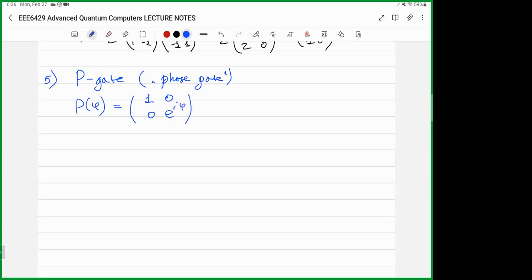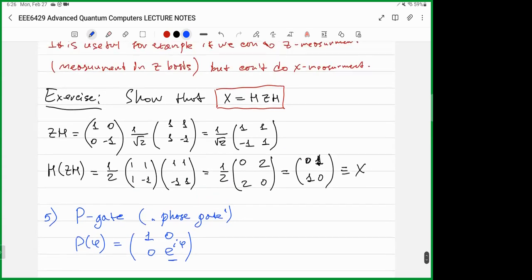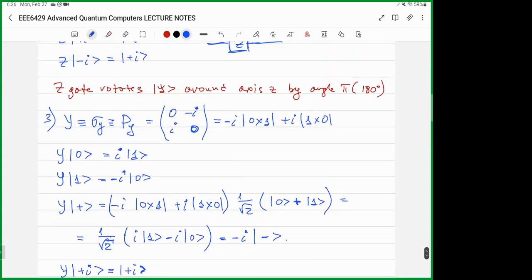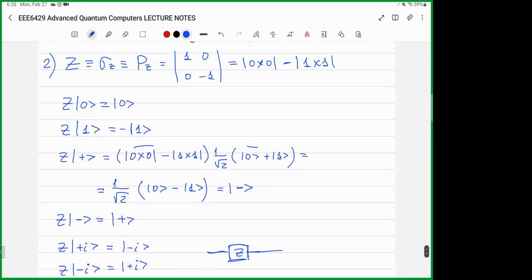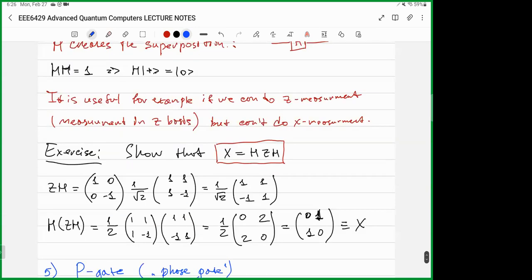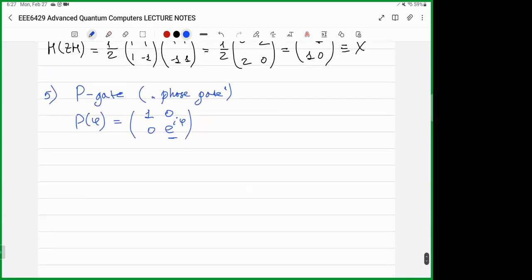Right. So instead of minus 1 here, as in the gate Z, now I have the parameter phi, so basically the angle.